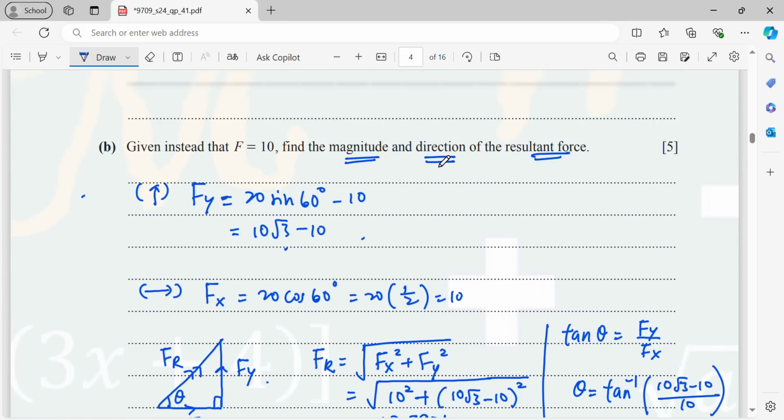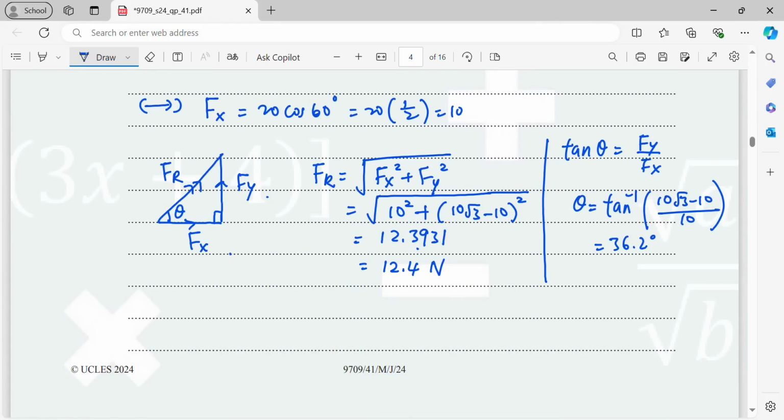Now for the direction of the resultant force, you can just write it. Define first: let Fr be the resultant force.